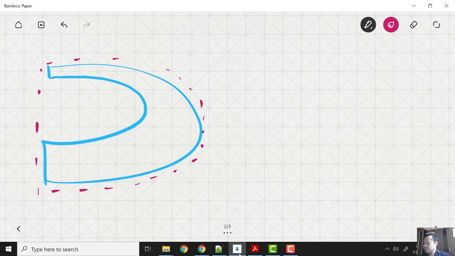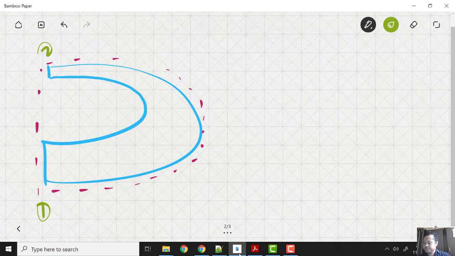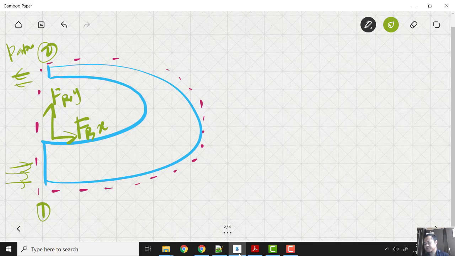Then we have point 1 and point 2. The water flows from point 1 to point 2. Point 2 here is at P ATM. Here we have the anchoring force. The anchoring force is a must in order for the pipe to stay static, not moving. Considering the force in X direction, moving to the right is positive.